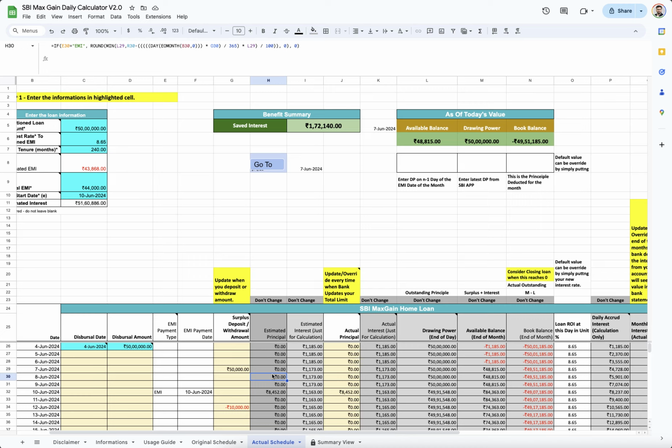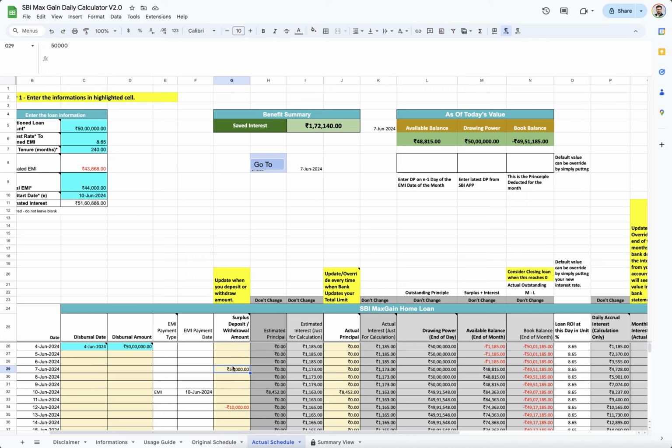Yeah, but there is an argument, right? This amount stays parked in this OD account, so you don't earn interest on it like other interest. On one side you are not earning the interest, but on the other side you are saving the interest. Like for example, if you are earning interest somewhere in an FD, let's say 8%, 9%, or in some other way, in the stock market or anywhere, you might earn more than that.